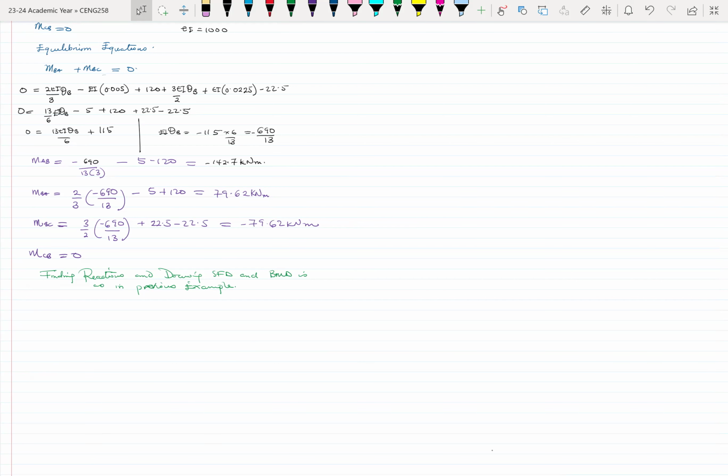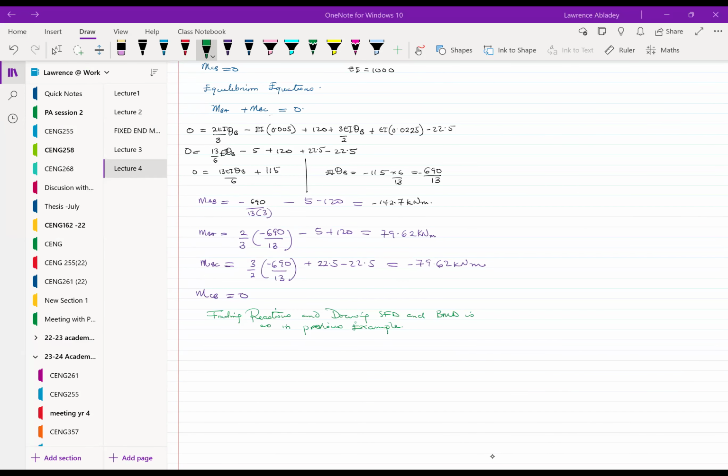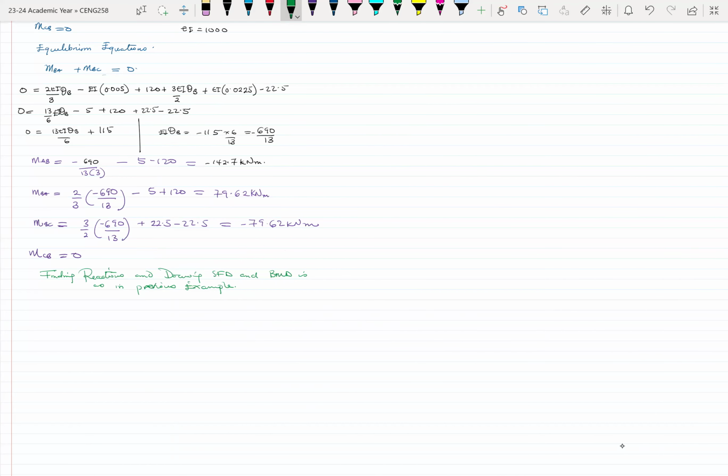So whether it has a pin end support or whatever, you assume that that end is fixed, and then you solve it using the general equations as they were originally given. But what happens is that your computations are longer. I mean, you spend more time with the computations, right? So if one end is pinned, you might want to take advantage of that and then use that to solve your problems. Okay.